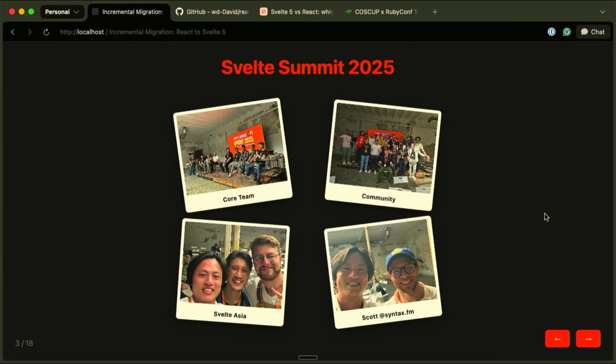Before I get started, I'd like to share that this year I joined Svelte Summit, which was in Barcelona, a great city, great food, great vibe. I met a lot of great people, especially the core team, the community, and also my new friends. I call it the Svelte Asia gang. On the right side is Theo from Japan. I think Henry also knows him.